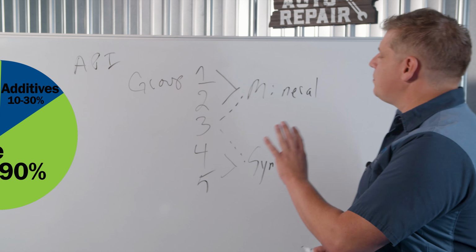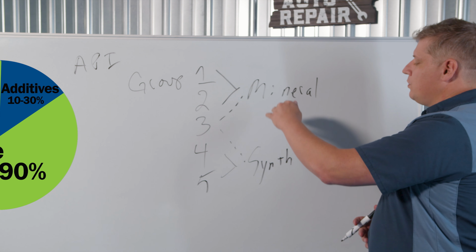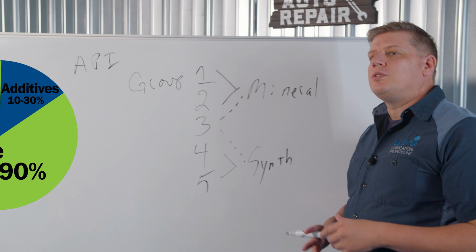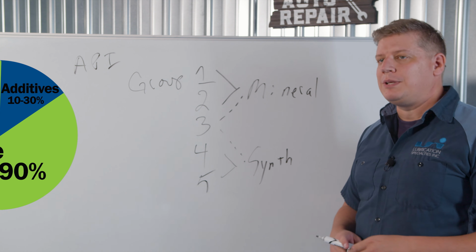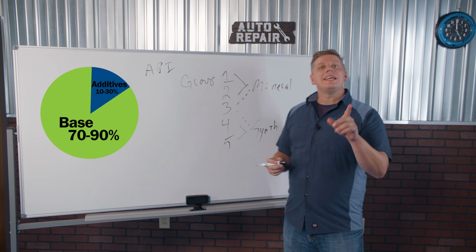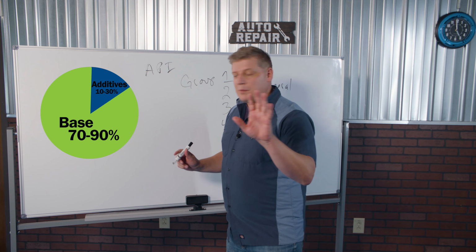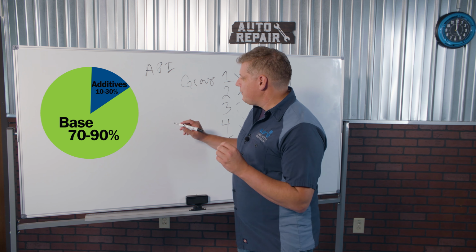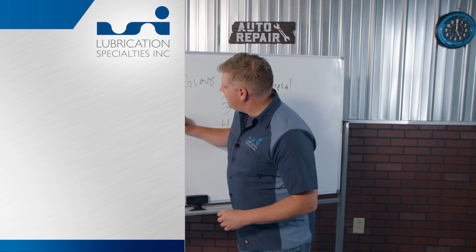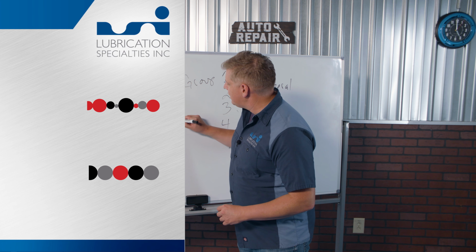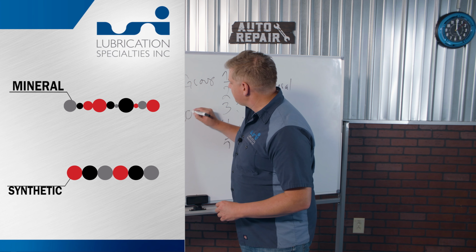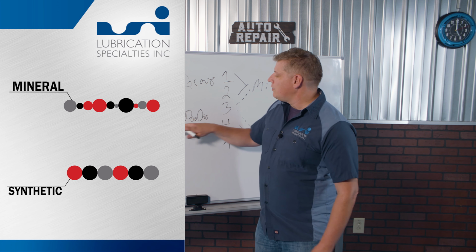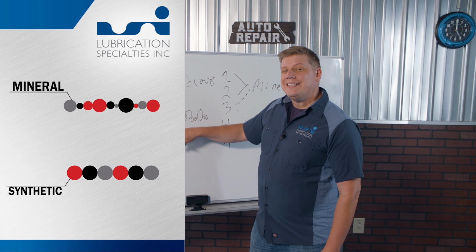The reason that Group 3 can go into either mineral or synthetic is because it is refined to such a degree that it's almost turned into a completely different substance. All right, one last thing I want to show you. This is going to represent what it looks like on a molecular level for your different types of bases. This represents the mineral, which is naturally occurring, so on a molecular level, their molecules will be different sizes.